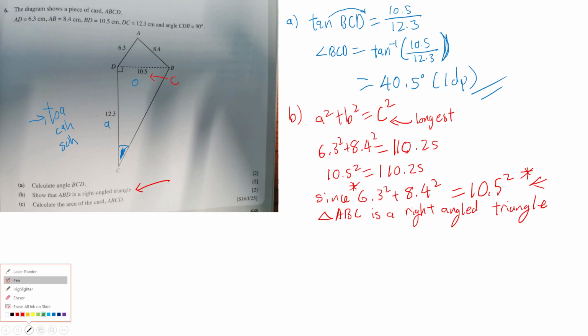So let me change another color. Hopefully it's dark enough. Okay, calculate the area of the card ABCD. Oh, this is actually, you don't even need to use sine or cosine rule. So part C is very simple.